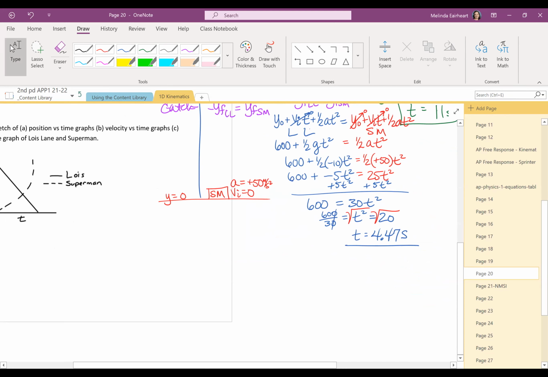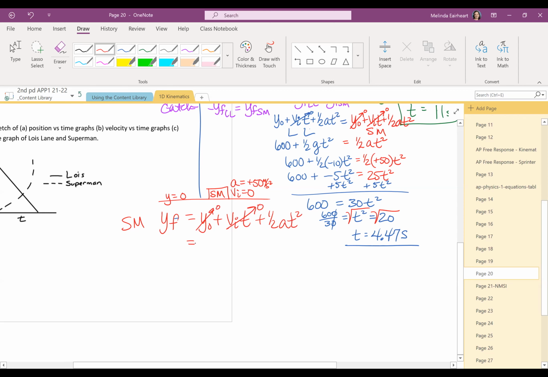To find the final position where he catches, I'm going to use number 2 because I don't know either of their final velocity at the catch. And so YF, oh, I said I was doing Superman, didn't I? YF, so Superman, equals Y initial plus V initial time. Those are going to zero out.